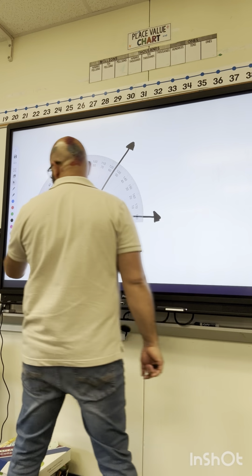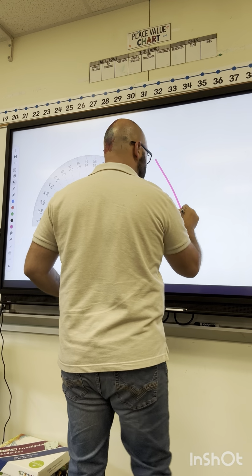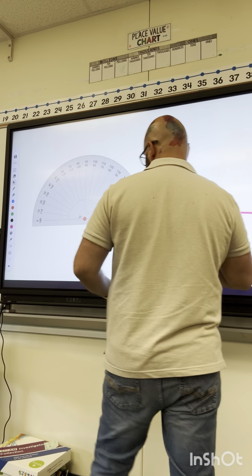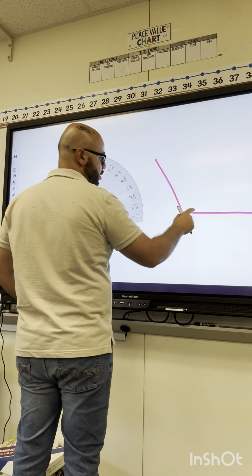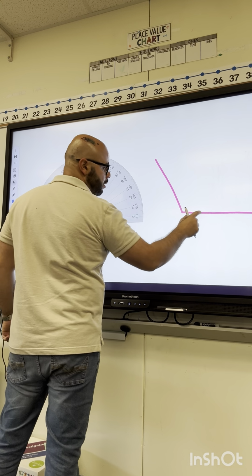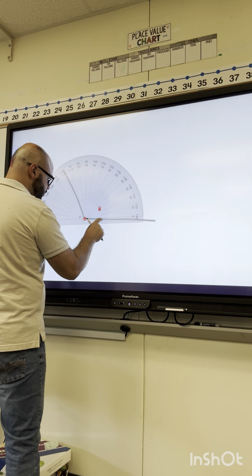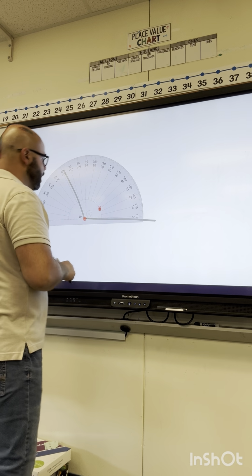Now, quick question. What if I had a wider opening, let's say I had this angle, I'm gonna line it up to this vertex here. Now I have this angle here.